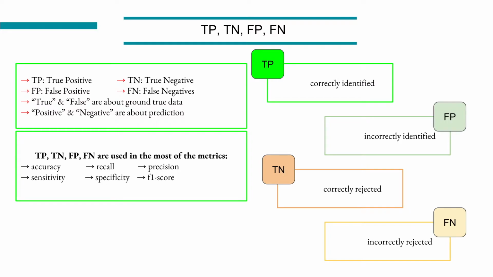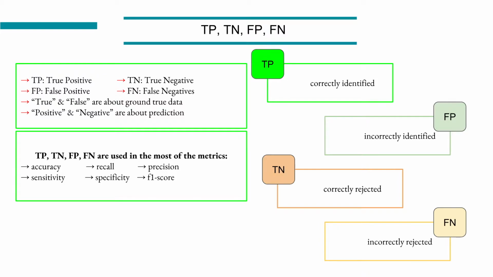I'm pretty sure that you already heard about these concepts. True positive, false positive, true negative, and false negative. True positives are predictions which were actually correct, so correctly identified samples.